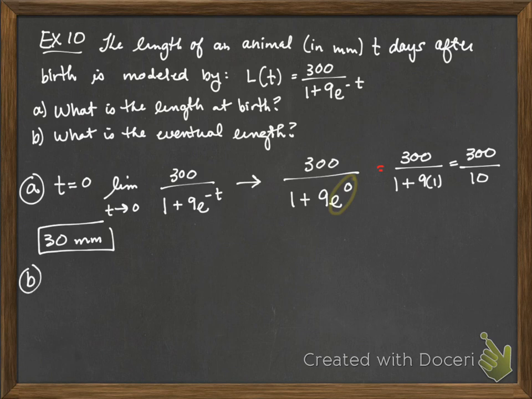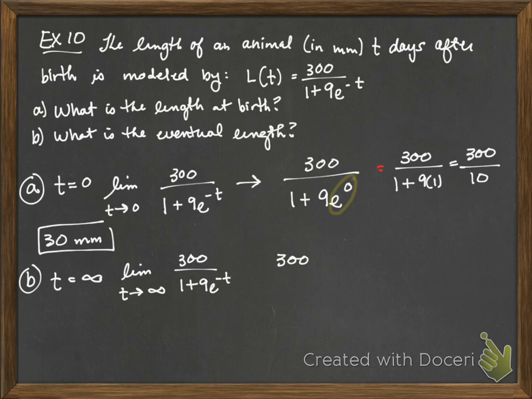Okay, for part B, what is the eventual length? Well, I don't know how long the animal is going to live because it didn't tell me that. So we can make t approach infinity. I'm going to take the limit as t approaches infinity of 300 over 1 plus 9e to the negative t. Then we're just going to plug it in.